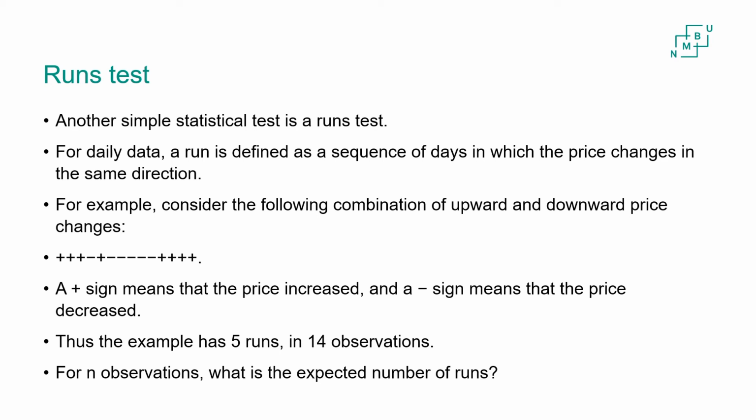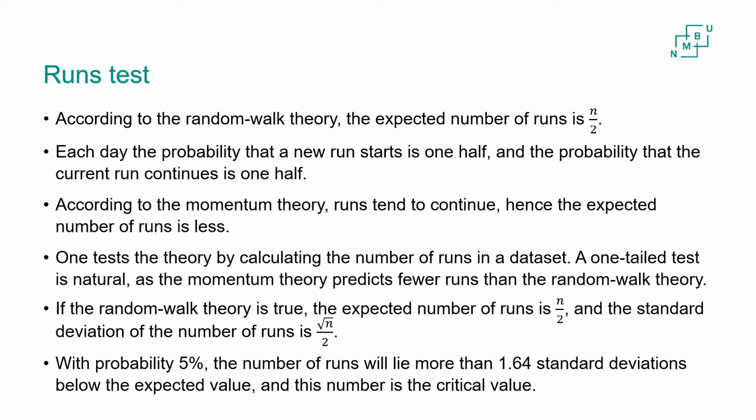So here the plus sign is that the price goes up. The negative sign is that the price drops. And so here we have 14 observations and we have 5 runs. The question is, how many runs do we expect? So according to theory, what we would expect is a number of runs of n divided by 2, n being the number of observations.